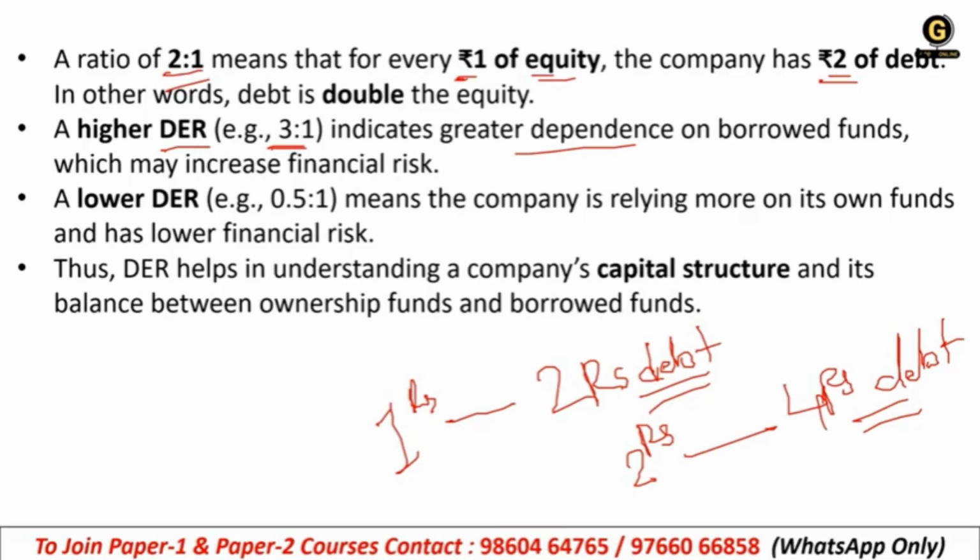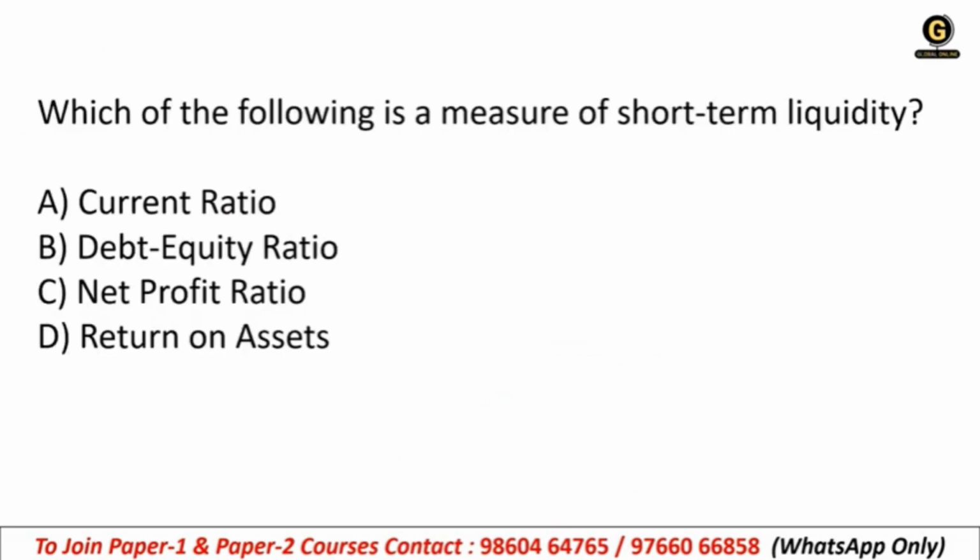If the debt equity ratio is lower, for example 0.5 to 1, that means the company is relying more on its own funds. That means the company is under low financial risk, right? Thus the debt equity ratio helps in understanding the company's capital structure and its balance between the ownership fund and borrowed fund. Correct? Clear?